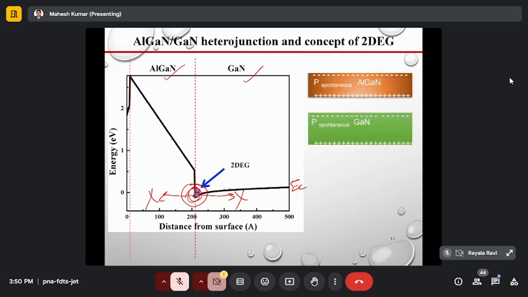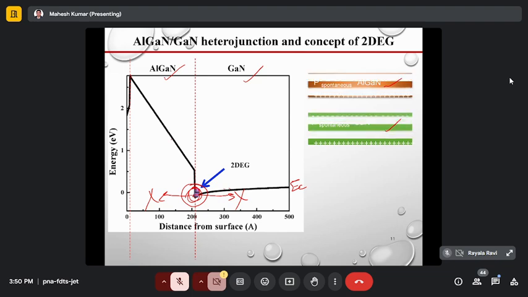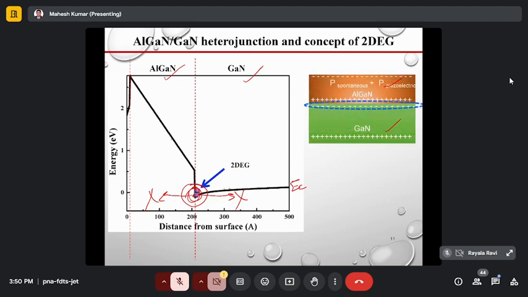At the junction, because of the piezoelectric and spontaneous polarization, these carrier electrons are trapped at the interface.